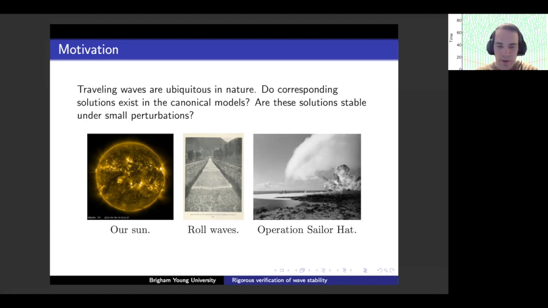One of the motivations for this, of course, is just to understand physics, just to understand the PDE equations, but also in hopes that it can provide information that can be useful in engineering applications. For example, I like this example here on the right, Operation Sailor Hat.